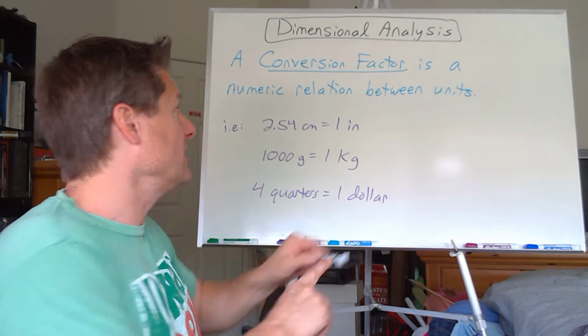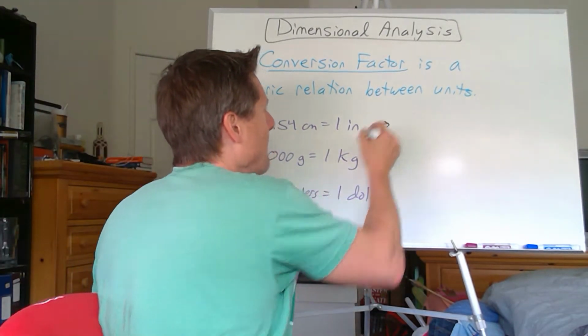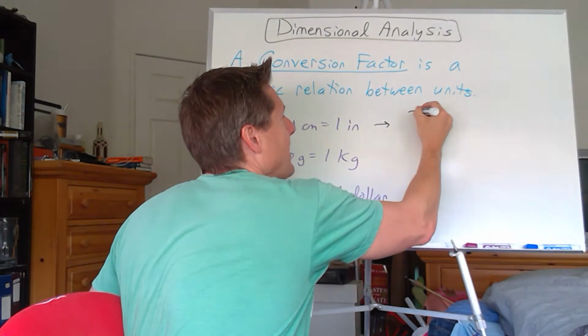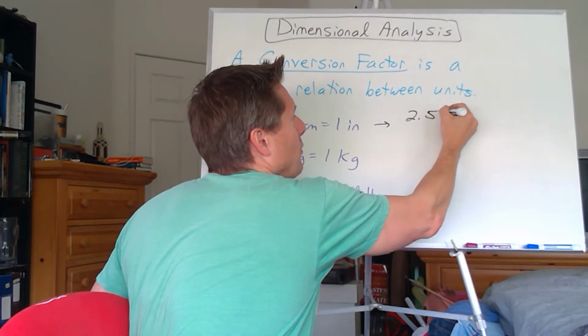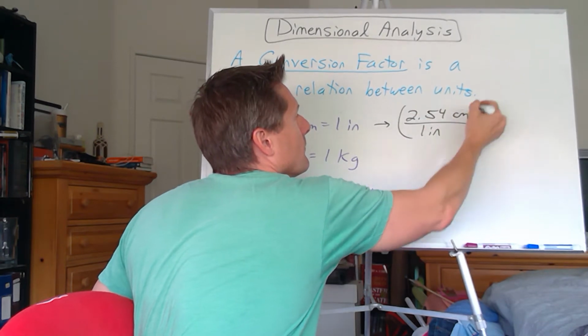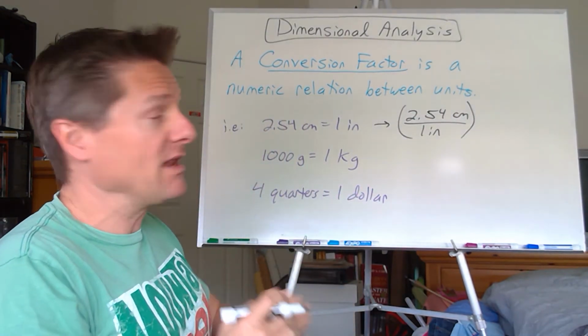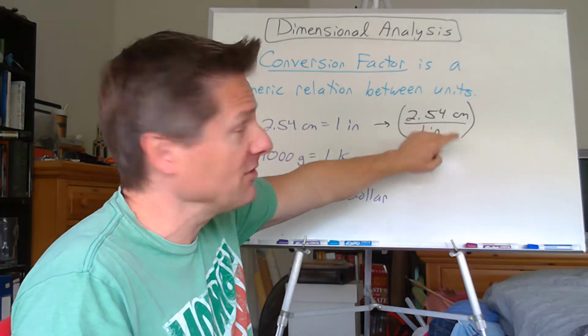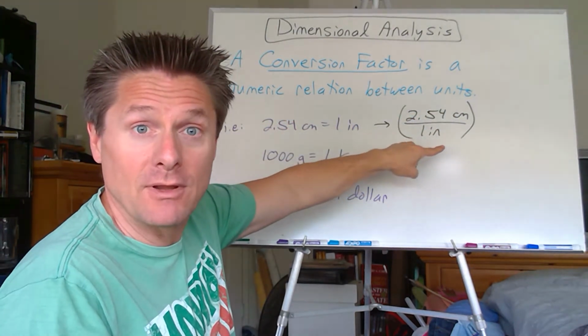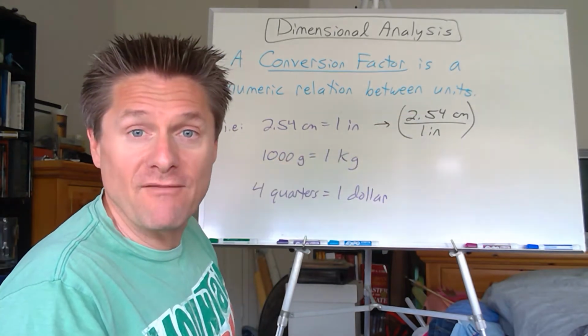Let me show you how we do this. I can set this up in two ways. Since they're equivalent to each other, I could say that is 2.54 centimeters per inch. So if I'm converting inches to centimeters, I can multiply a value in inches times that, and inches cancels out. So I just multiply it by 2.54.